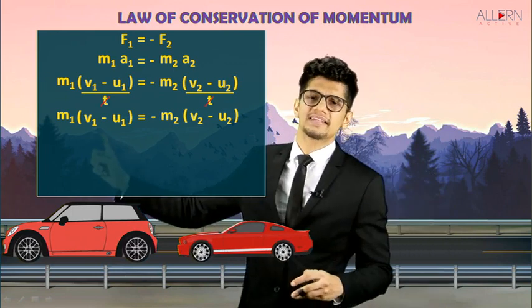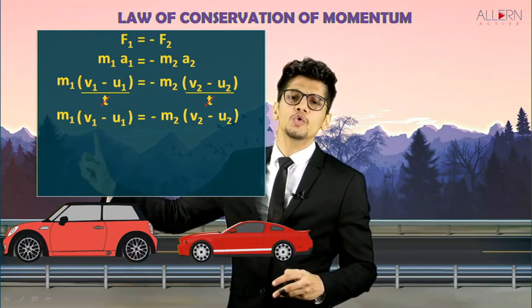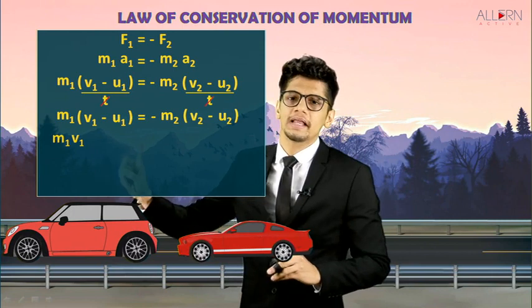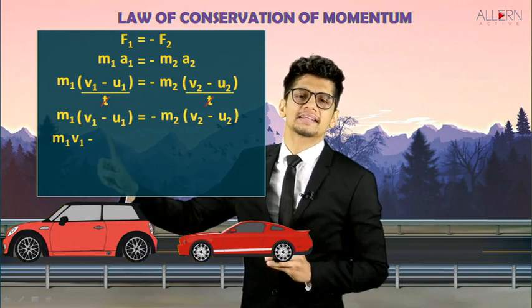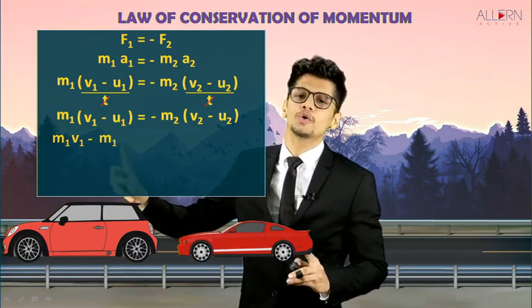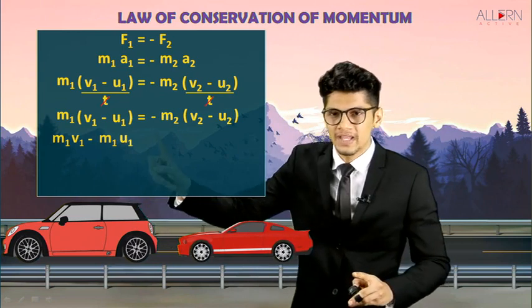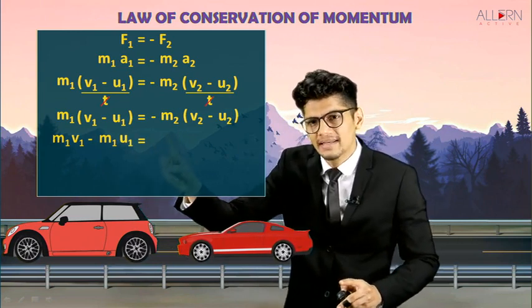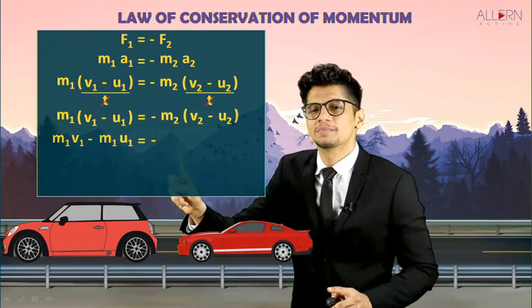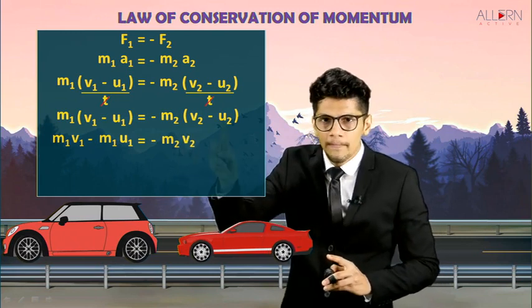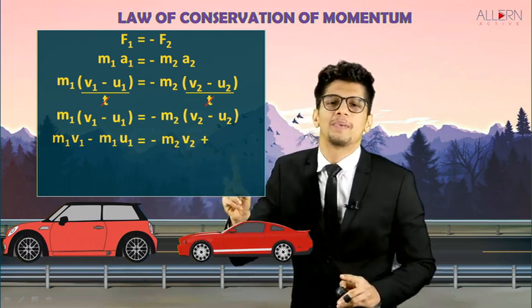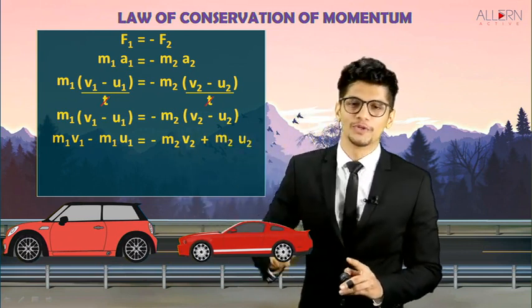On the left hand side, m1 into v1 becomes m1 v1. This minus sign remains as it is, and m1 into u1 becomes m1 u1. Then we write is equal to minus m2 into v2 becomes minus m2 v2. Minus into minus becomes plus m2 into u2.